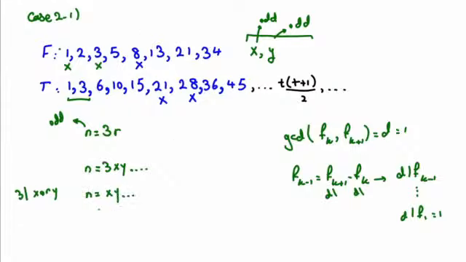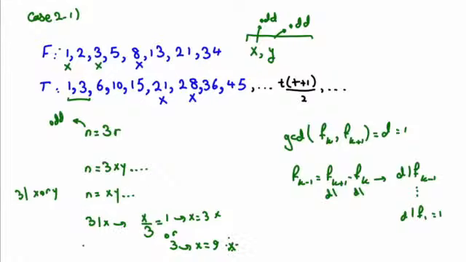So if, for example, 3 divides x, then x over 3 is also a divisor. But here x is the smallest one, so x over 3 should be 1 or 3. So in this case, x is 3, which is a contradiction, because we have 3 here. In this case, x is 9, but we don't have 9 here, so in both cases we reach a contradiction.